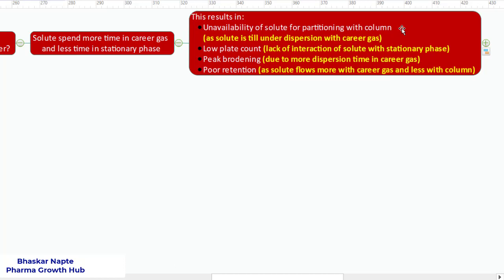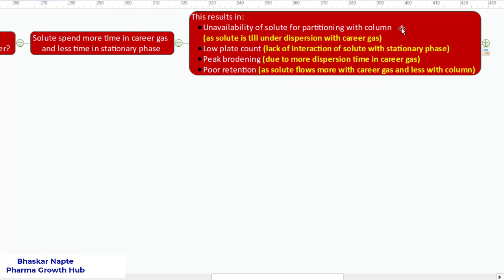The second point is the low plate count. Now why will there be a low plate count? What does the plate count refer to? The plate count refers to the interaction of solute with the stationary phase. So the more the interaction of solute with the stationary phase, the higher the plate count.